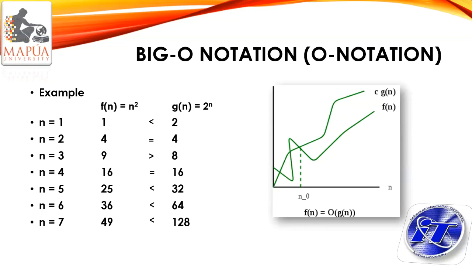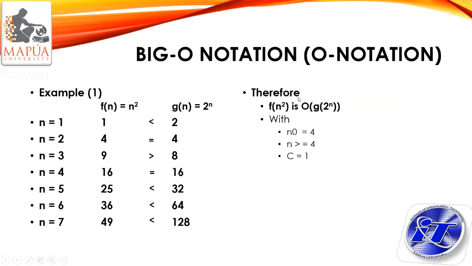Beyond 4, 2 raised to n is greater. So therefore, the function n squared is big O of g at 2 raised to n, wherein n0 is equal to 4 based on this. It starts beyond 4, where 2 raised to n is greater. And the multiplier for g at n is basically 1.